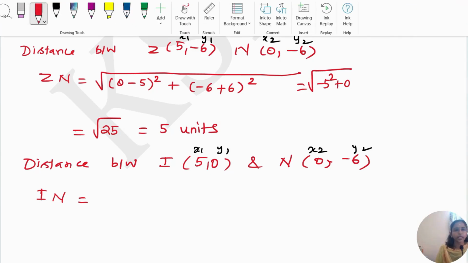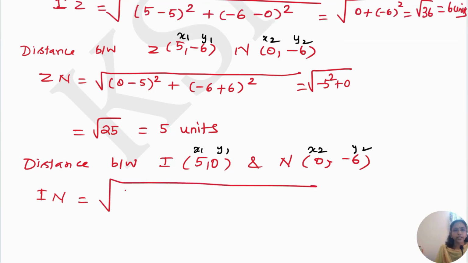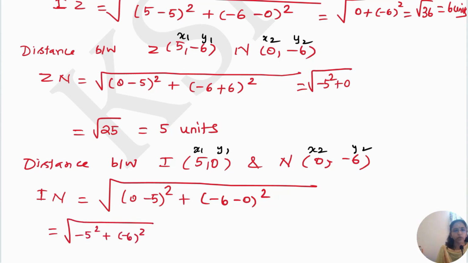Now the formula calculation: root of (x2 minus x1) the whole square plus (y2 minus y1) the whole square. So root of (-5) the whole square plus (-6) the whole square. So root of 25 plus 36, which is equal to root 61 units.